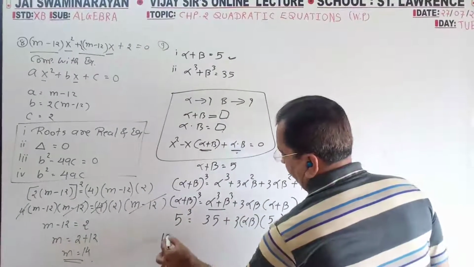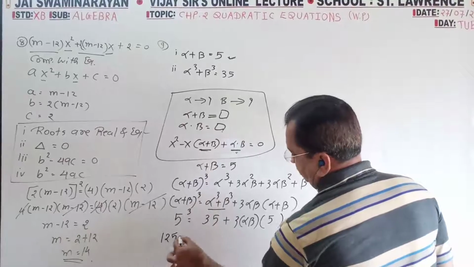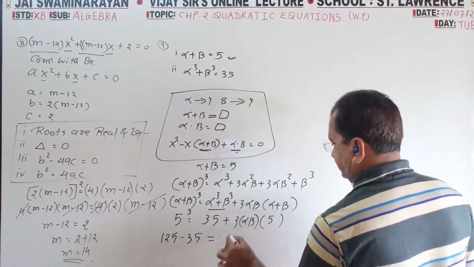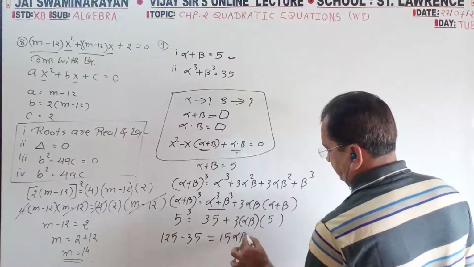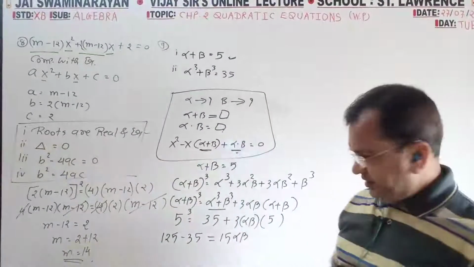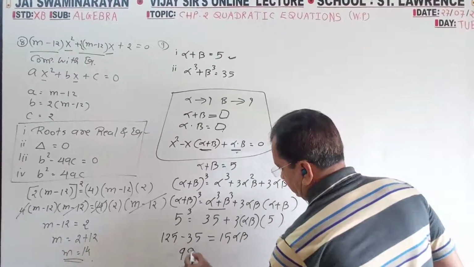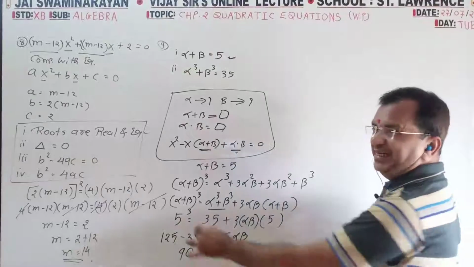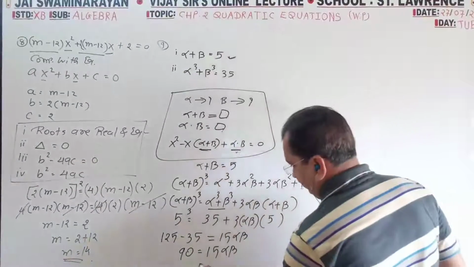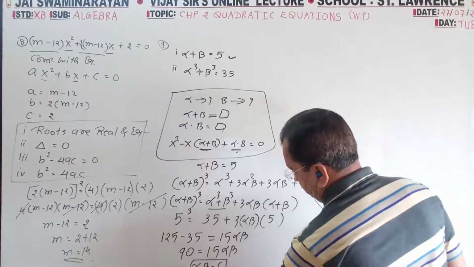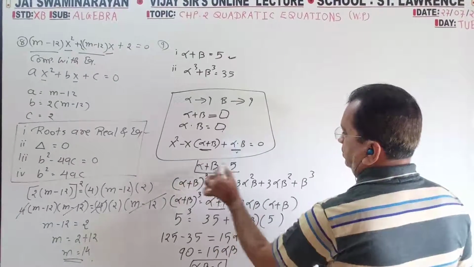So this is 125. This comes to this side, so it is 35. 5 times 3 is 15 alpha beta. 125 minus 35 is 90. 15 times 6 is 90, so alpha dot beta is 6. So 1 and 2.